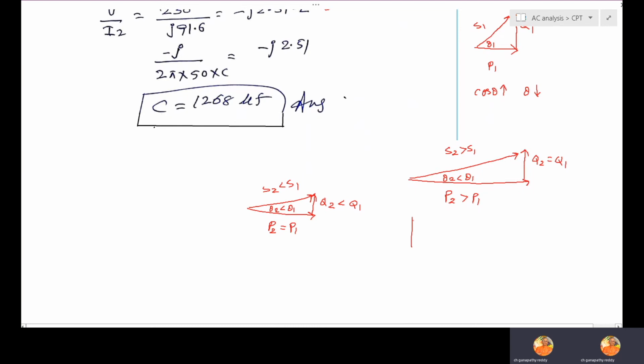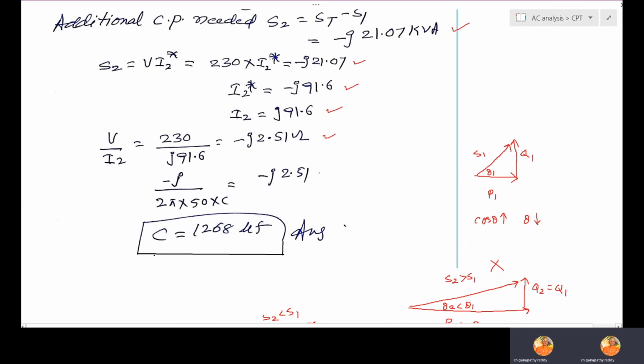There is this much already. You want to decrease, which means with reference to this, you add the reverse. So this is minus jQ, we have to add. Which will give minus jQ? Capacitor, na? So choose the capacitor such that it will give minus jQ. Then the total effective Q value decreases, then the angle decreases, power factor is improved. We follow this method, we don't follow the other. That is the reason.